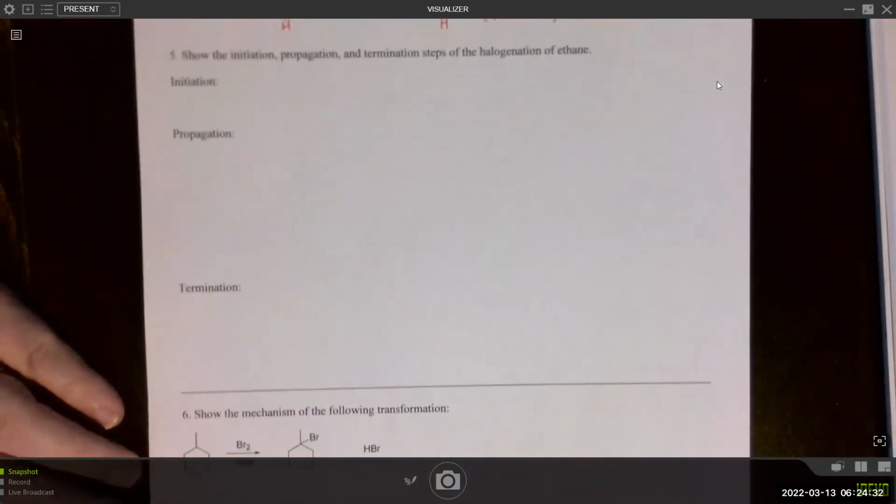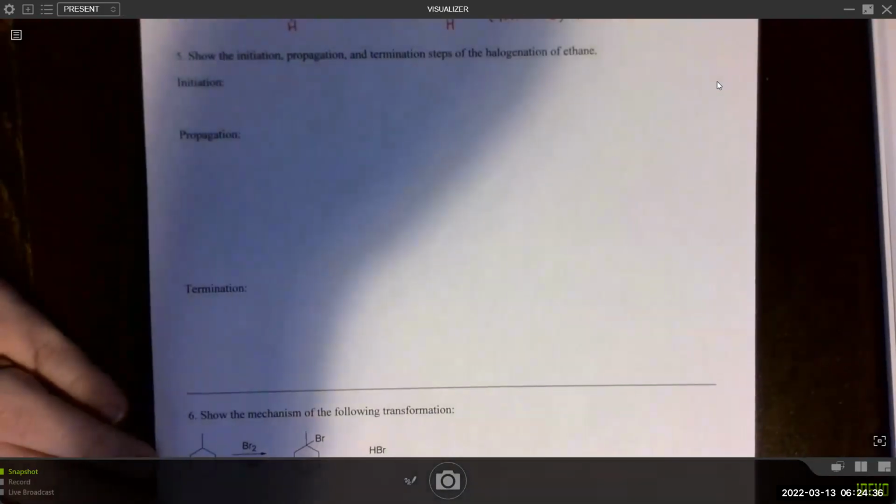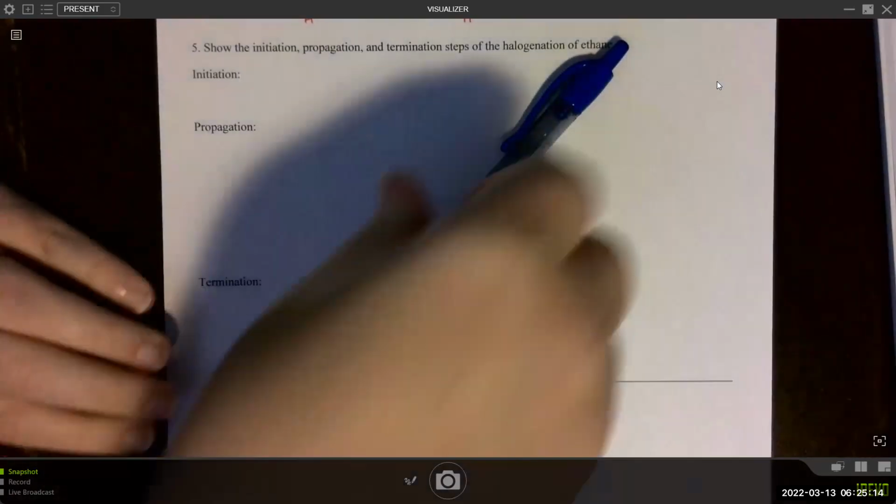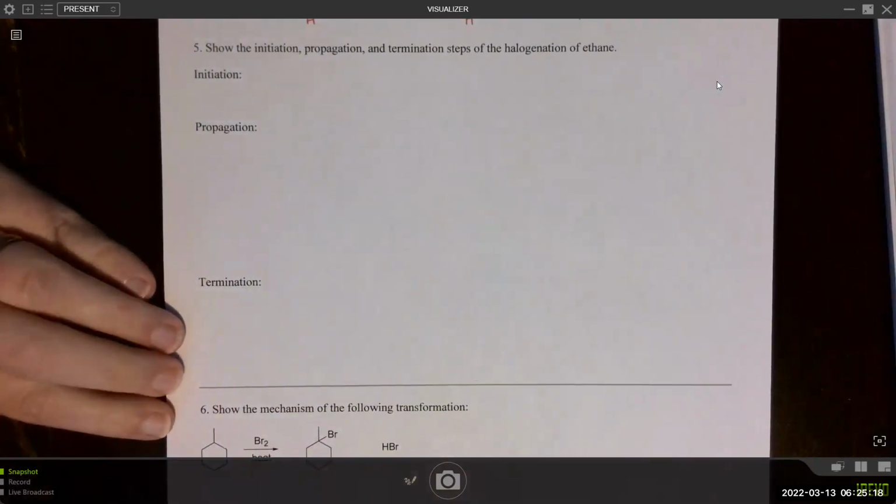Okay. Show the initiation, propagation, and termination steps of the halogenation of ethane.